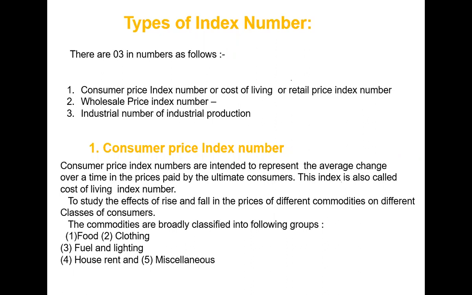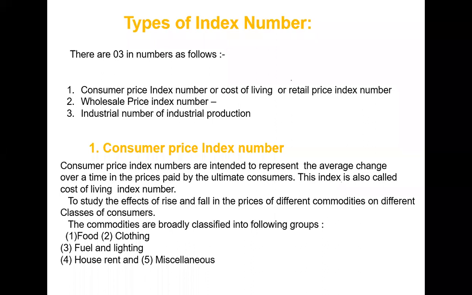The CPI is just like last year's index, okay? Good. So what is CPI? We are saying that CPI numbers are intended to represent the average change over time in the prices paid by consumers, okay? This index is also called the cost of living index number.